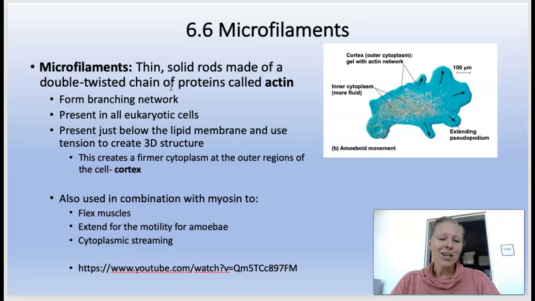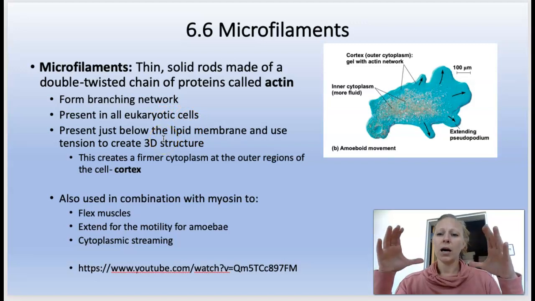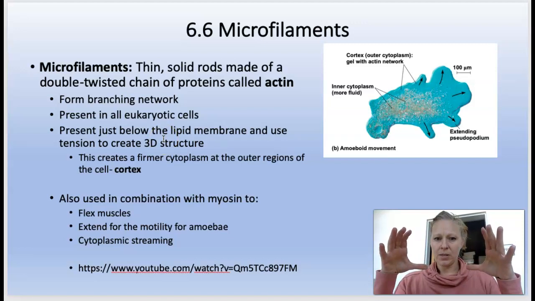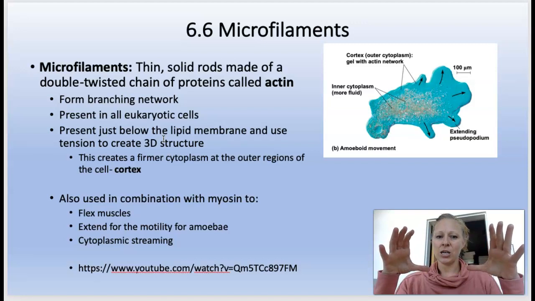They form branching networks. It's a cool molecule that can grow just as fast as it can disassemble, and they're present in all eukaryotic cells. So they exist just below the lipid membrane, and they create that tension, a 3D tension in the structure.